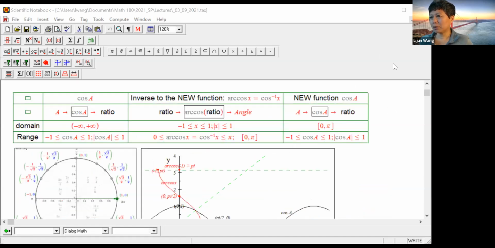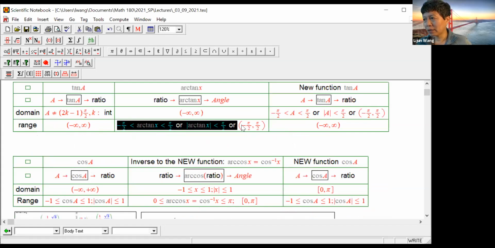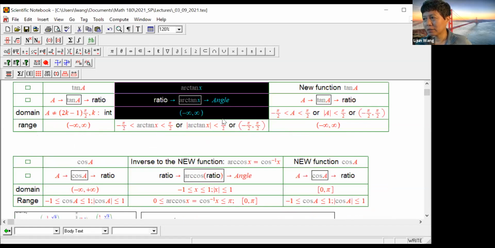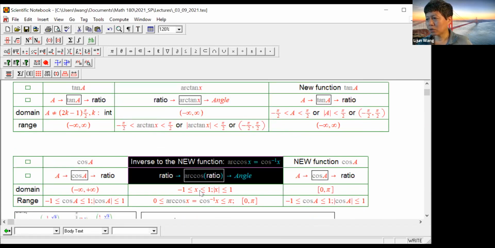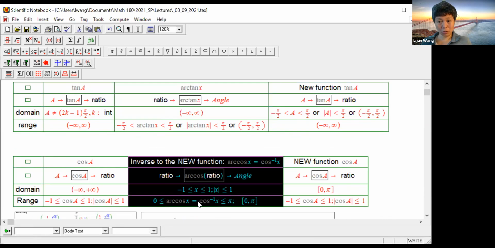What I was commenting on, this domain and range for arctangent, and the domain and range for arccosine and arcsine, they are implemented by programming in every scientific device.